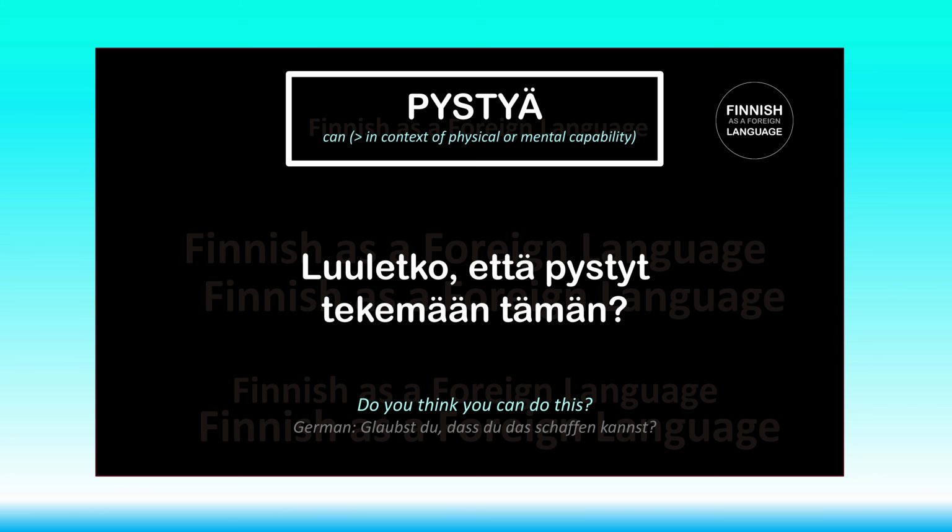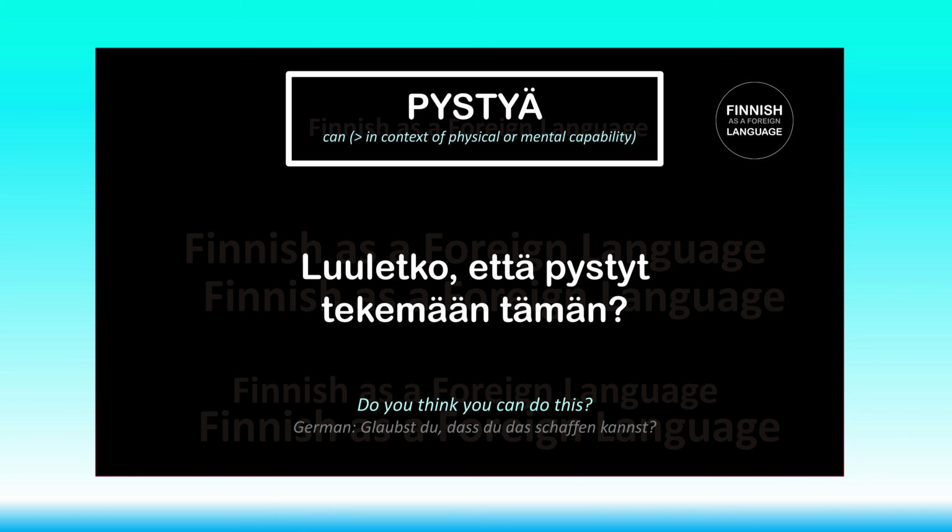Here we use it, by the way, in order to ask about capability. Then we have tekemään, which is the third infinitive illative of tehdä, which means to do, and tämän means this. So let's repeat again. Luuletko, että pystyt tekemään tämän? Do you think you can do this? Or do you think that you're able to do this?